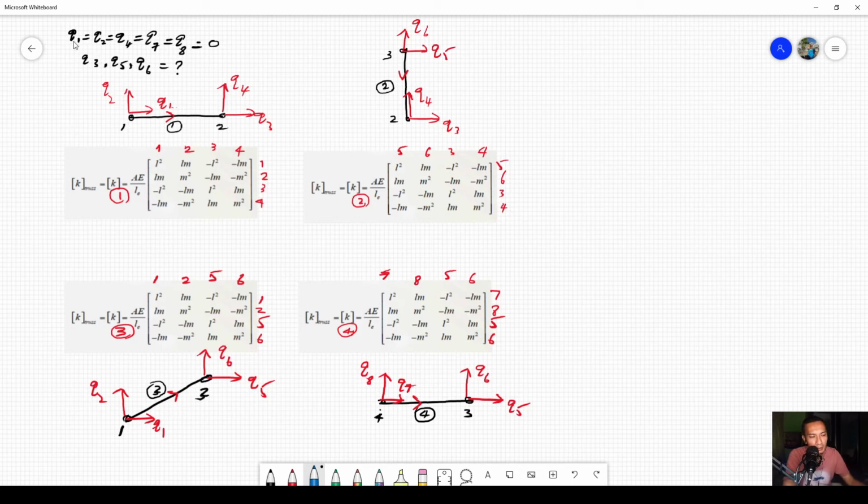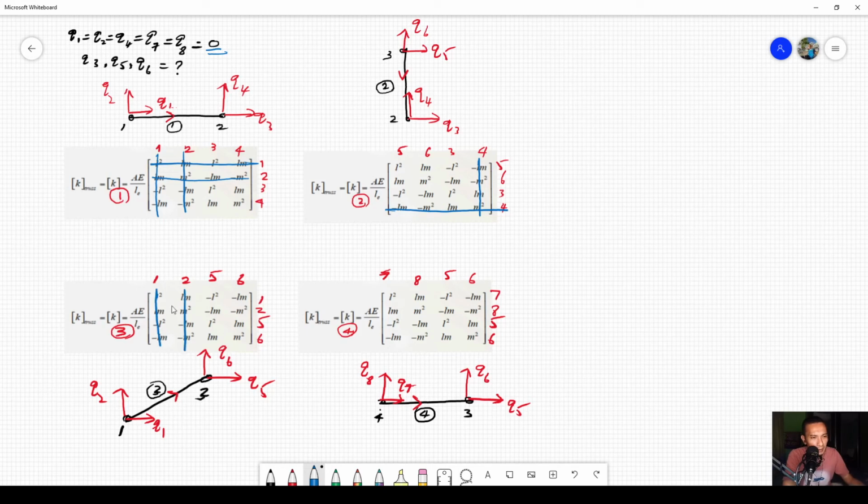For example, we know that Q1, Q2, Q4, Q7 and Q8 equal 0. Then we can eliminate rows 1 and 2 and columns 1 and 2 due to this boundary condition, which is equal to 0. So we apply to all elements for this element stiffness matrix, where Q4 is equal to 0, then we eliminate row and column number 4 for element number 5.